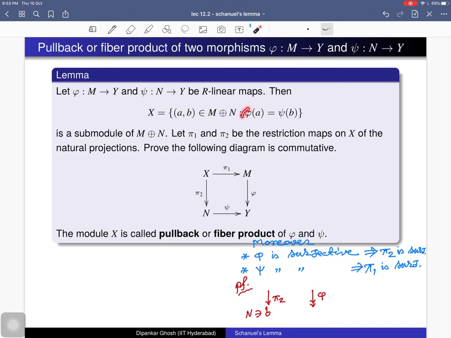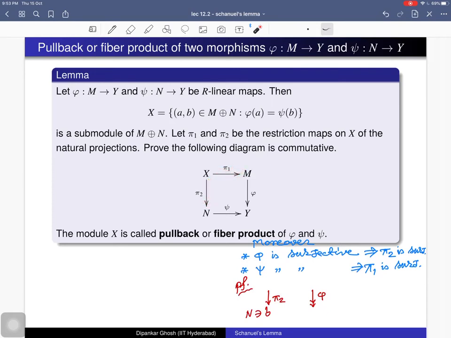Because phi and psi both are module homomorphisms, using that one can verify that this is a submodule of the direct sum. So this is our X, and next we want to find the module homomorphisms pi 1 and pi 2.